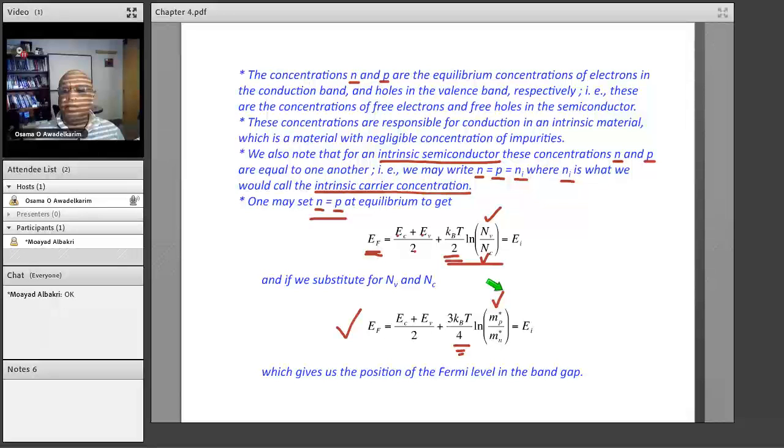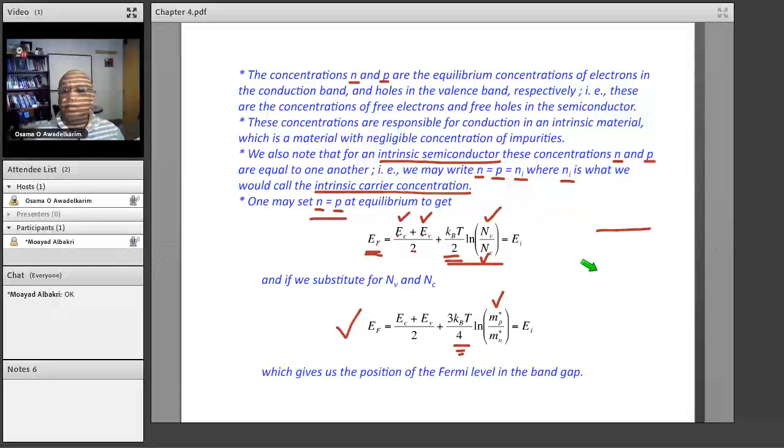Now, that constant has some significance. It was just a constant in the occupation probability, but it now has a meaning in the semiconductor because it involves the edge of the conduction band and the edge of the valence band, divided by 2.